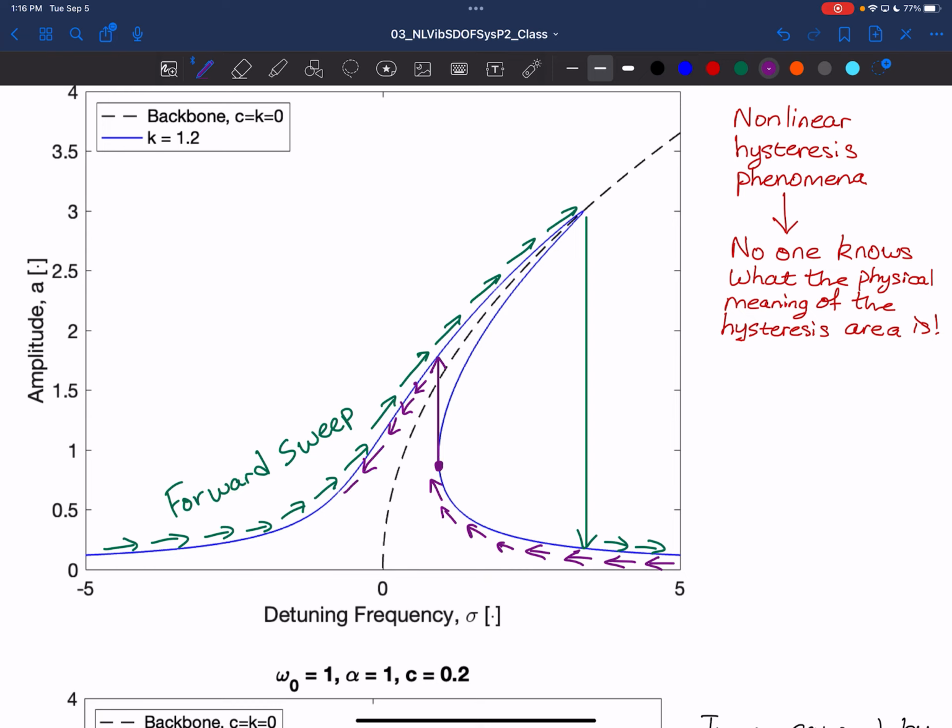And then this sweep will continue along the curve, following the purple arrows. So in this case, the purple is a backward sweep, and this little arrow here we can call the backward jump. And over here we have a forward jump.